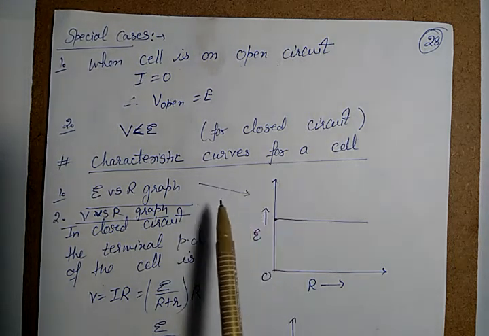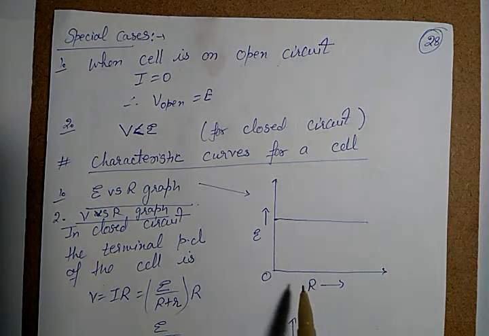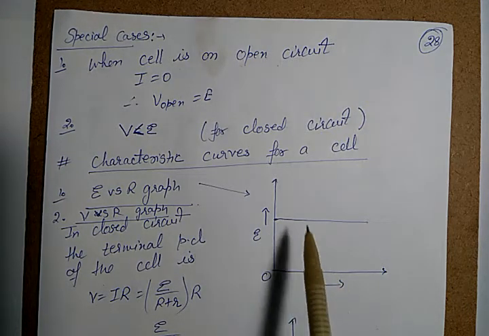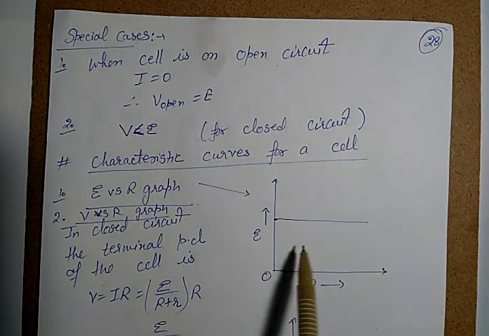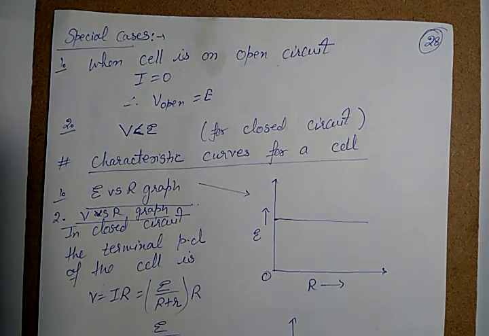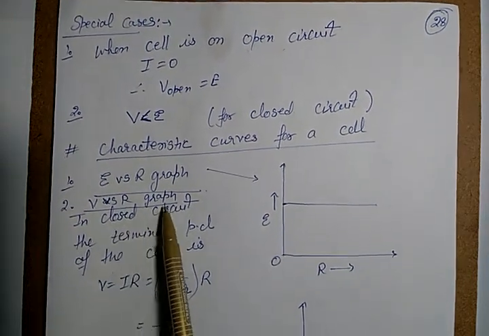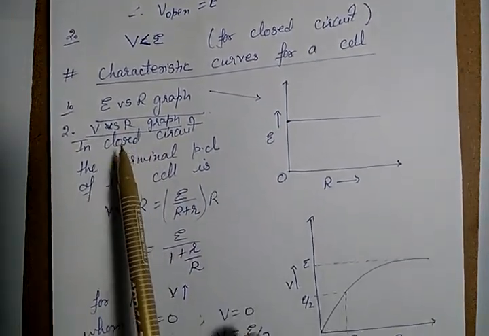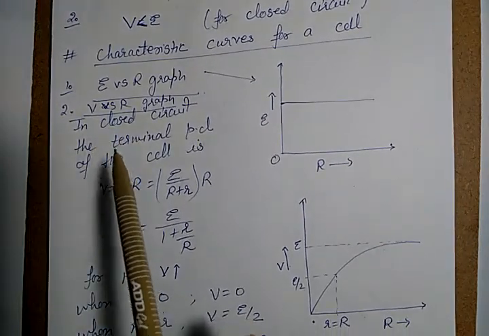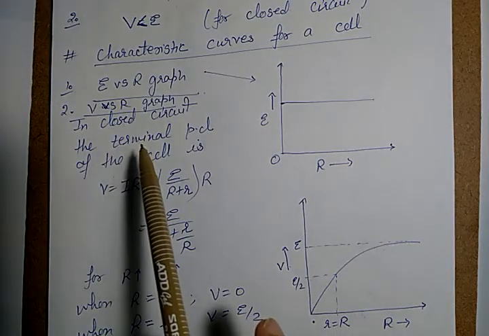Hence, EMF is independent of this resistance R, and we get a straight line for this E versus R graph. Now let us consider the second case, that is V versus R, the terminal potential difference and the resistance of a given conductor.